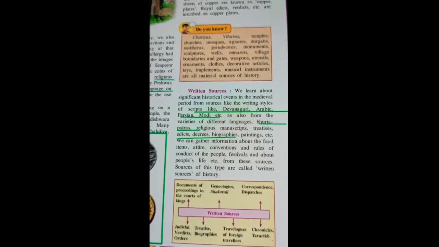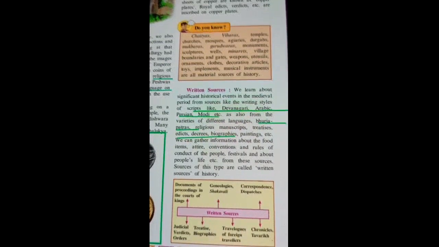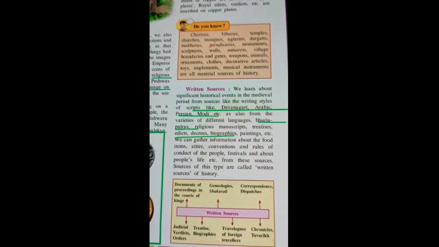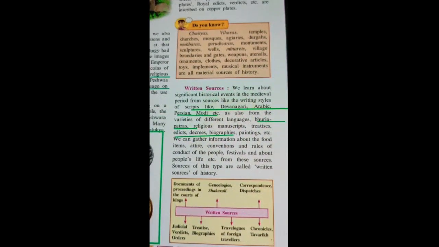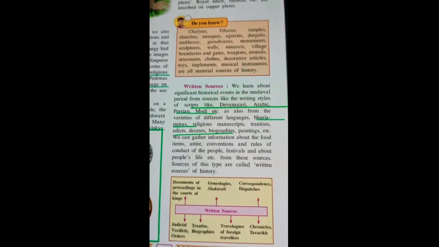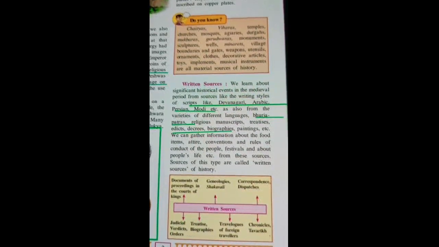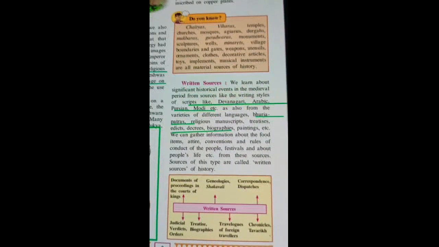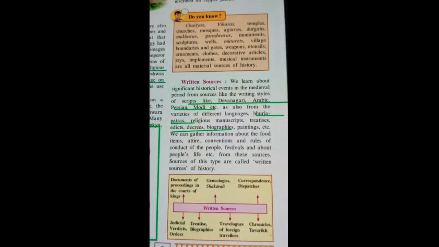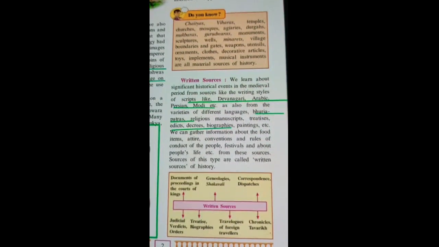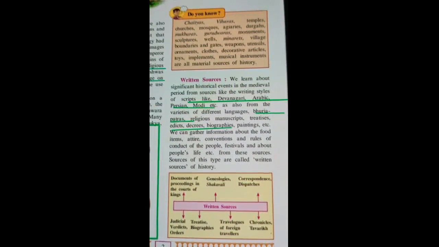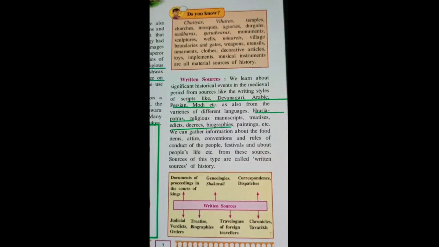They are official orders or proclamations by the authority. Biographies, paintings, etc. We also learn from different items, attire, rules of conduct of the people, festivals, and about people's life.